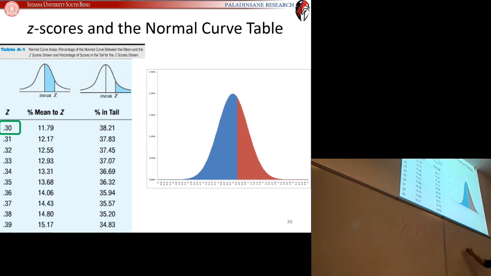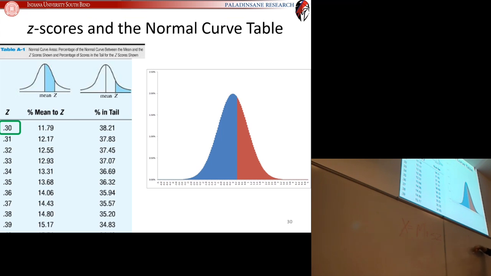Whenever you have a distribution and you have a section that you want, you can always divide that up into two different sections. So we have 0.3. So this is 0 right here. This is a z-score of 0.3. And we want this entire area here, right?